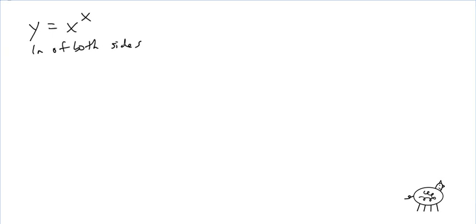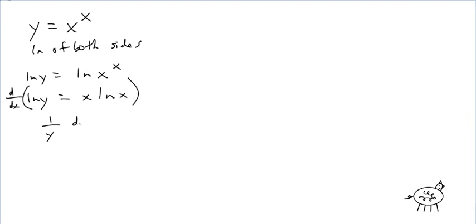So if I do that, I get ln of y equals ln of x to the x. Okay, and I can write this as x ln of x then, right? Now I'm going to take the derivative implicitly, and the derivative of ln of y is going to be 1 over y, and then of course dy dx.